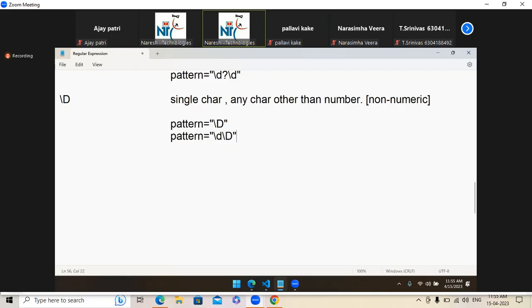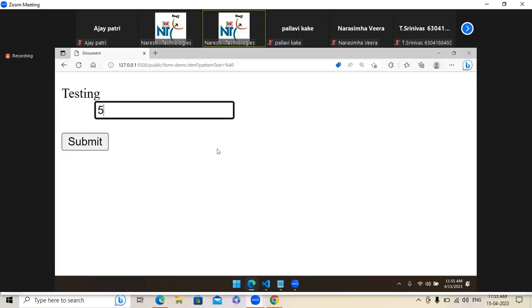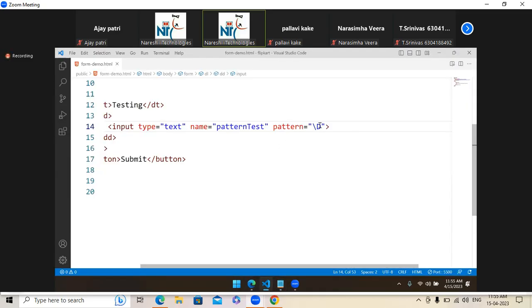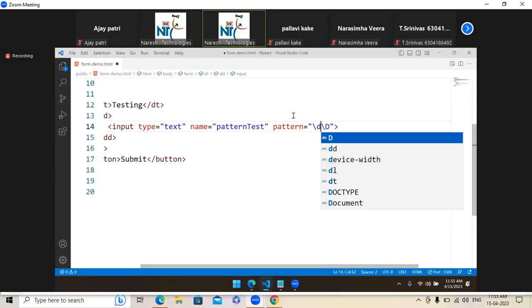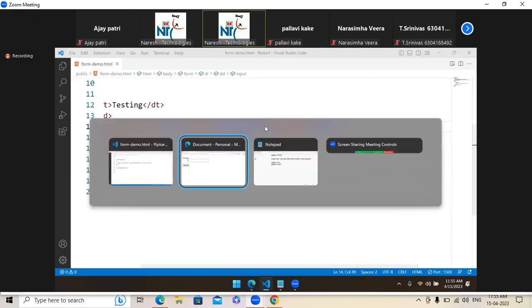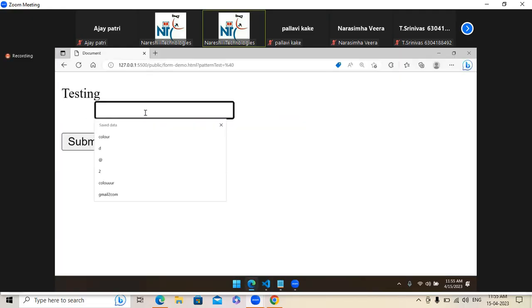Start with number, end with any character other than number. So two are compulsory. Let's write that here: \d\D. Now I am typing here 2 and here another character.